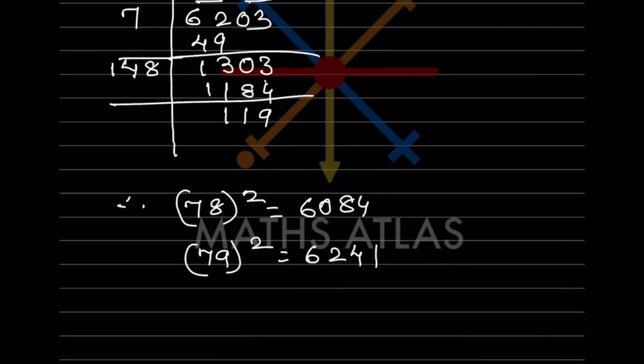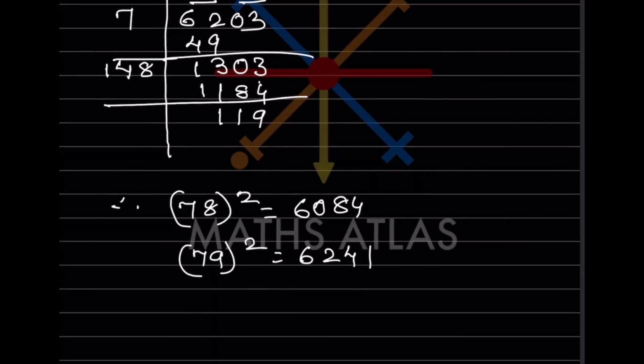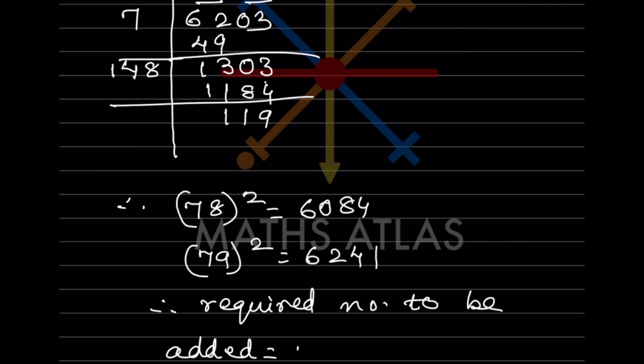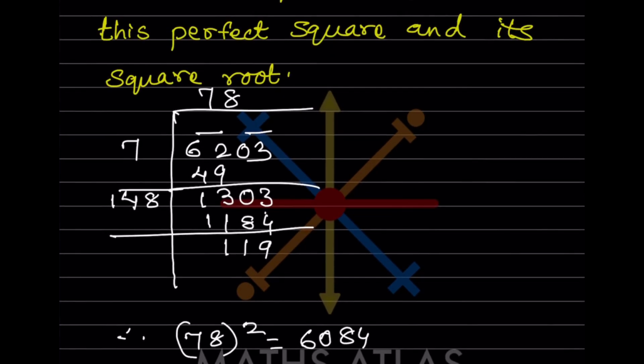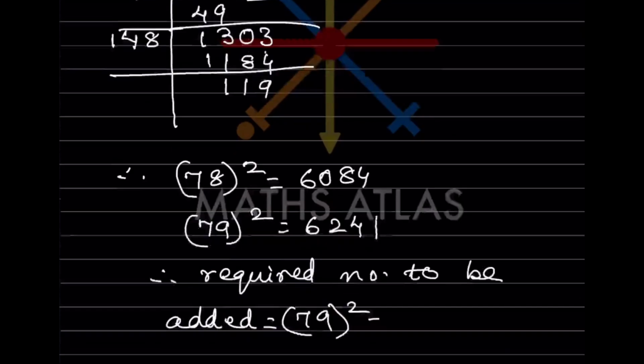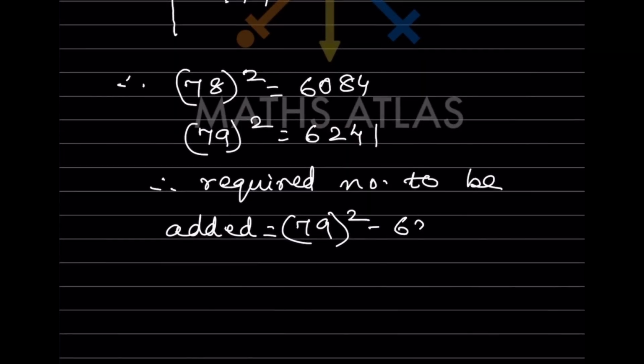So now what are we going to add? Therefore, the required number to be added, we can say, is 79 square minus the number here, that is 6203.